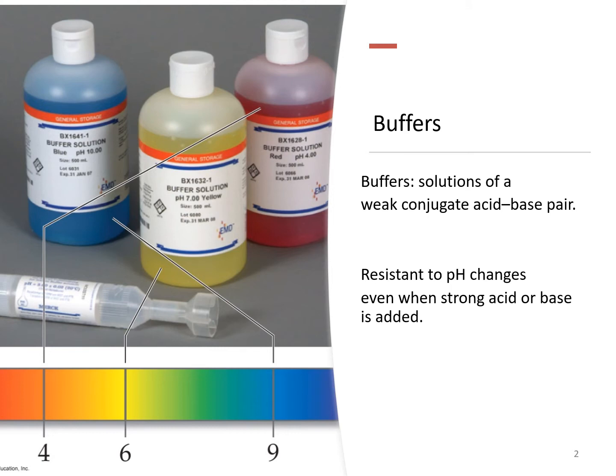It is composed of two species, a weak acid and its salt, such as acetic acid and sodium acetate, or a weak base and its salt, ammonium hydroxide with ammonium acetate.